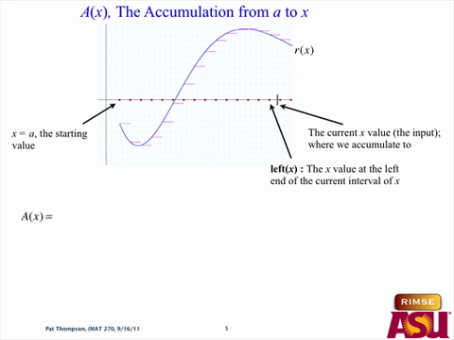Okay, in general, what is A of x going to be? So in the big picture, how are we going to get what A of x is? Anybody? Autumn, in the big picture. What's the accumulation of this rate up to there? What's that going to look like to get that accumulation?